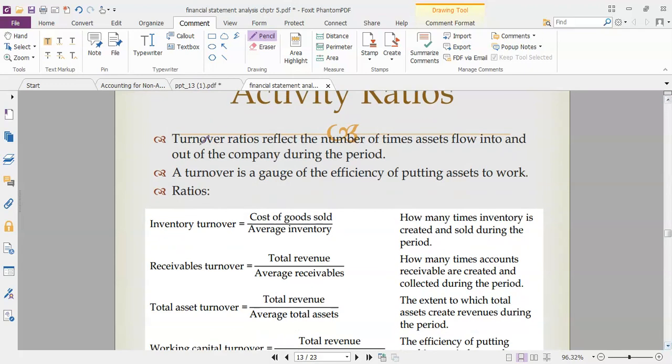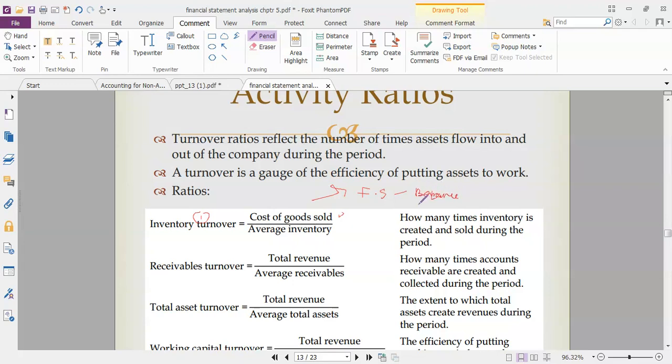The first one is inventory turnover. How to calculate inventory turnover? You must have the information of the cost of goods sold, COGS. All these things you can find in the financial statement, that is the balance sheet and also profit and loss.